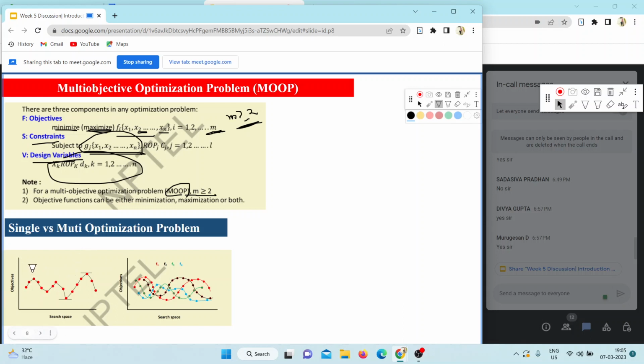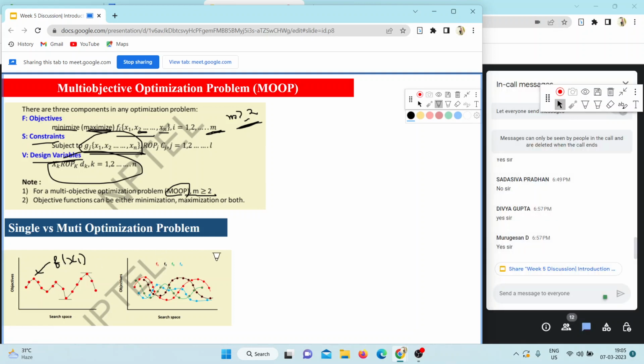Whenever we are doing single optimization, we are concerned with only one function, let it be f(x1). So we are only concerned with one objective function.